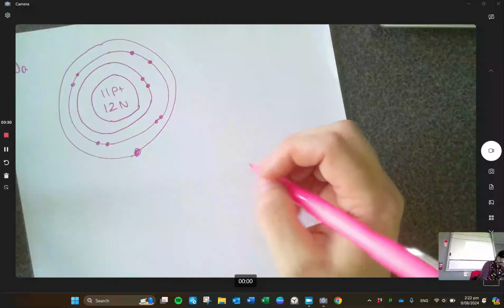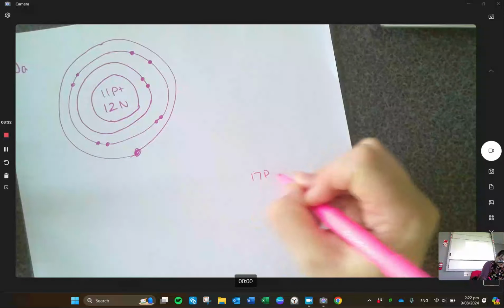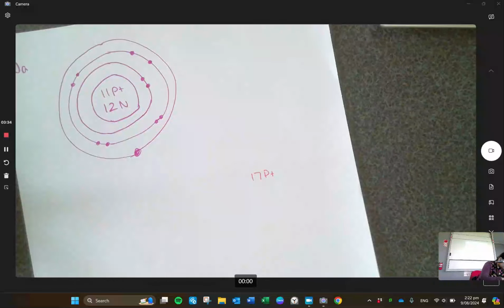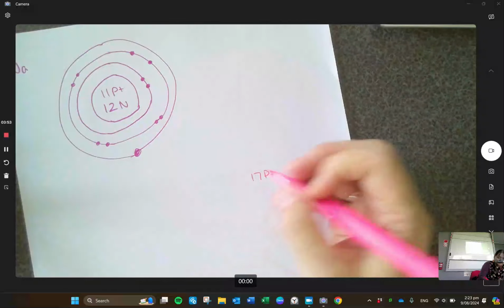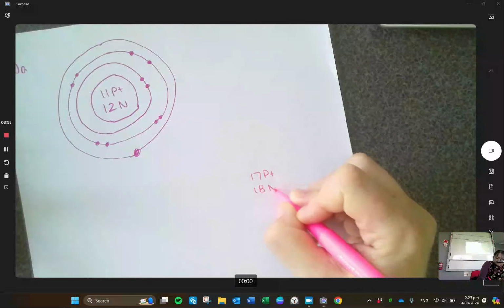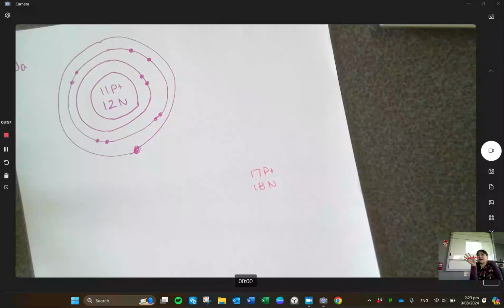So chlorine has the atomic number of 17 protons. Neutron number, how many do you got? I just forgot how many neutrons it has. Neutrons can vary, depending. Either 17 or 18. I'm going to go with 18. What I mean by that, in case people are like, what are you talking about, miss?